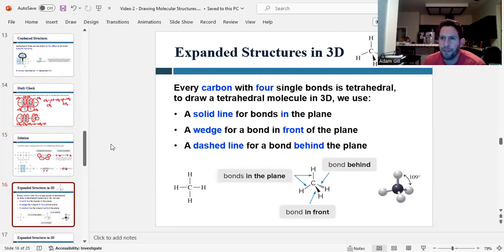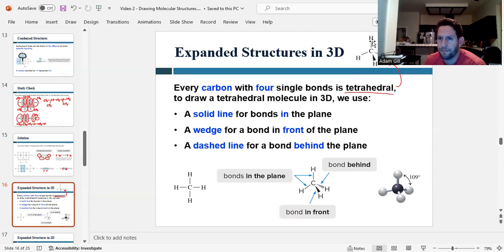Now, before we can move on, let's talk about expanded structures in 3 dimensions. Recall any carbon that has 4 single bonds has a tetrahedral shape, which looks something like that. To draw a tetrahedral shape in 3 dimensions, we use 2 bonds that are just plain lines, and those are in the plane.